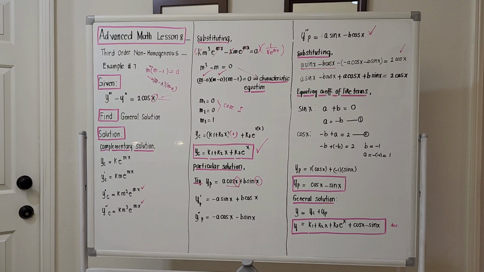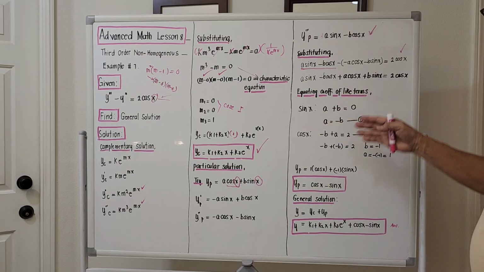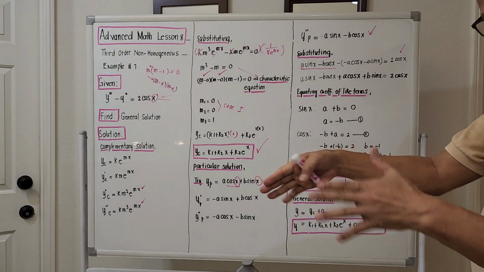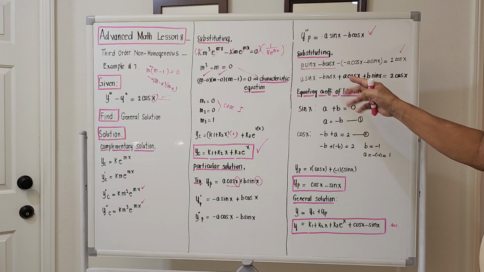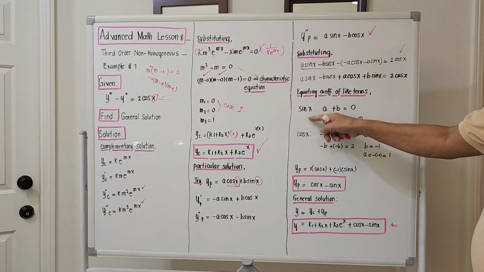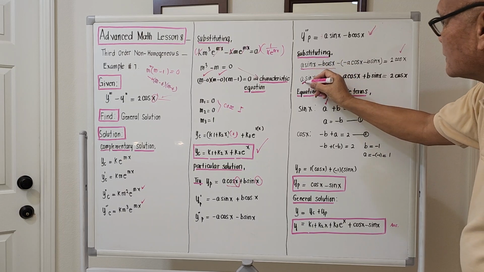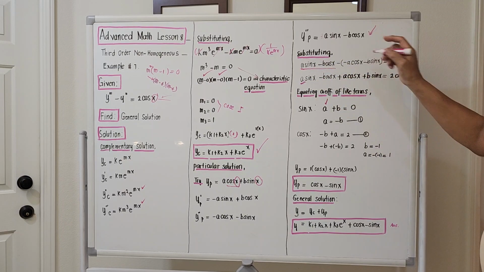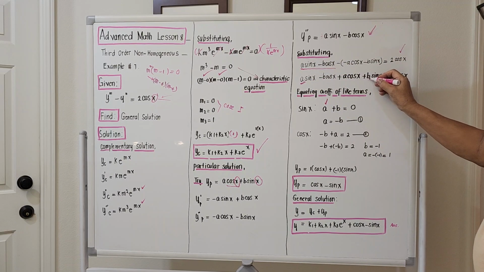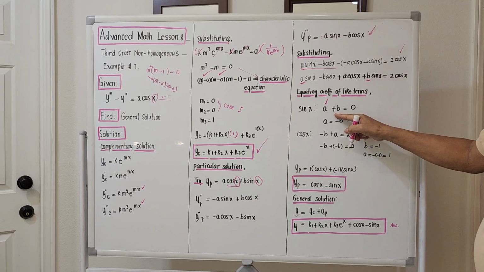Okay, so equating coefficients of like terms, it is just like in partial fractions, right? For all the terms that contain sine of x on the left, the first coefficient is a. The next coefficient is b, so this is plus b.